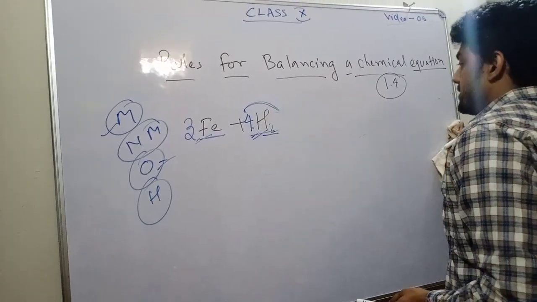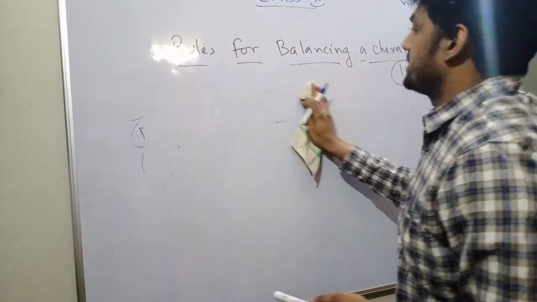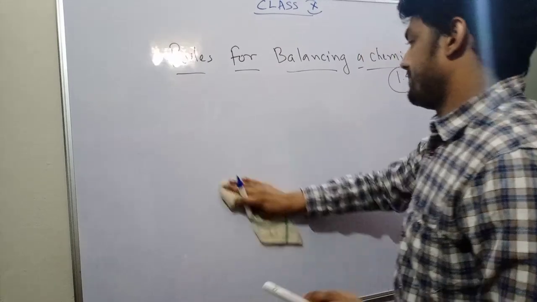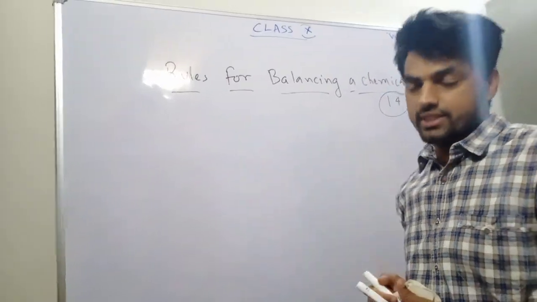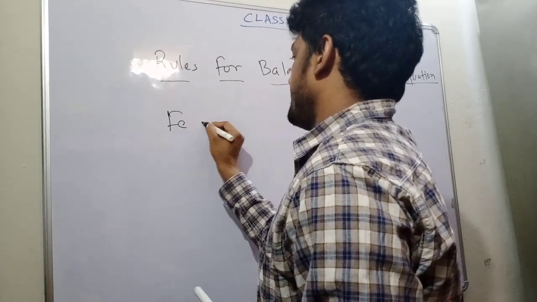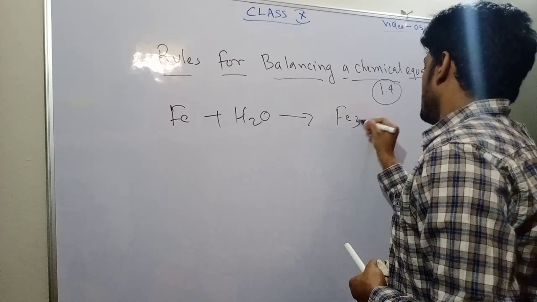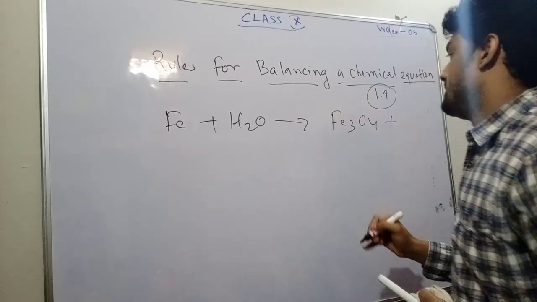Now we will try to solve this equation by one more method. What is the method? You will see. Fe reacting with H2O and giving Fe3O4 plus H2.